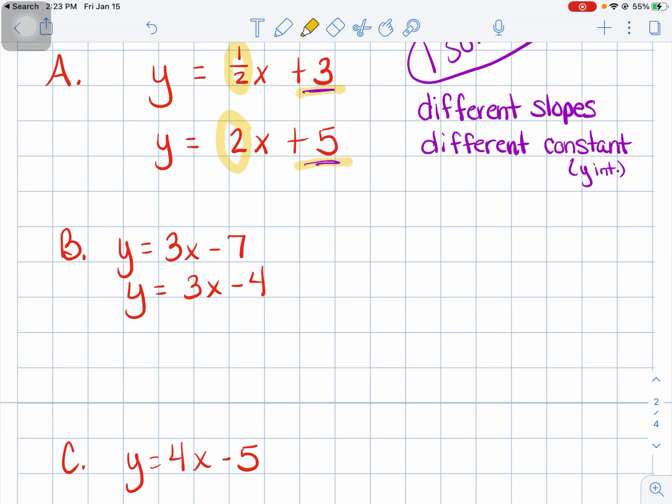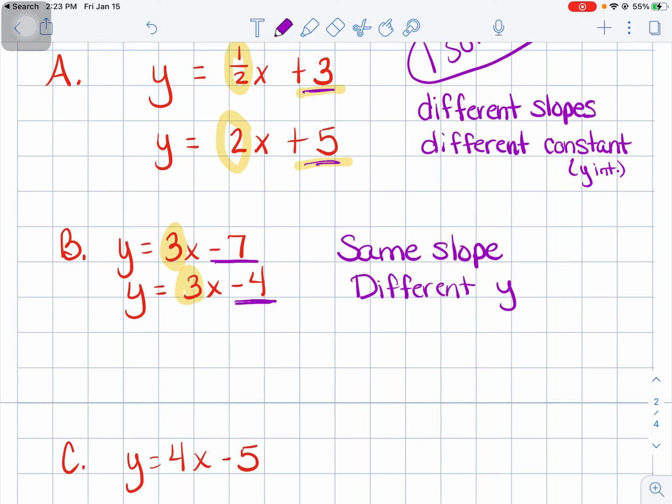Now let's look at the next one. Again, we're going to look at the slope. Slope of 3 and a slope of 3. Oh, same slopes. Now let's look at the y-intercept, or the constants. -4, -7. They're different, so different y-intercepts, but we have the same slope.